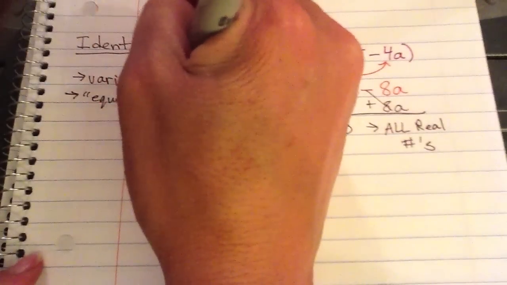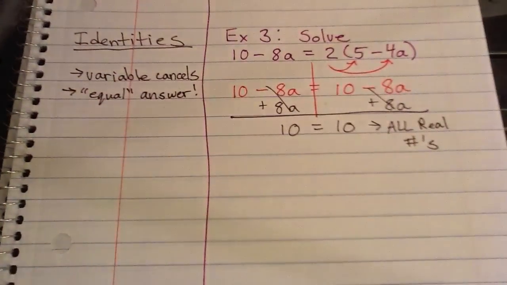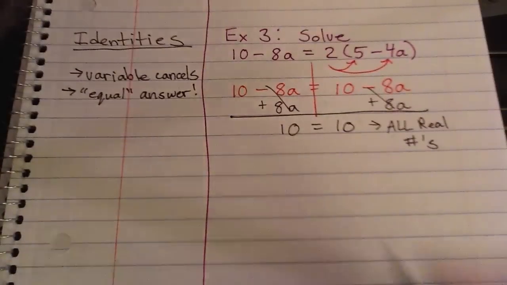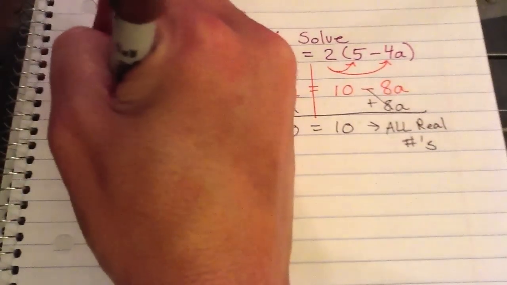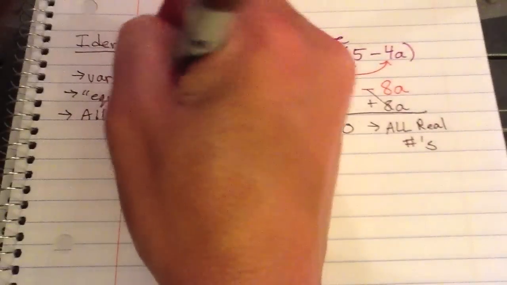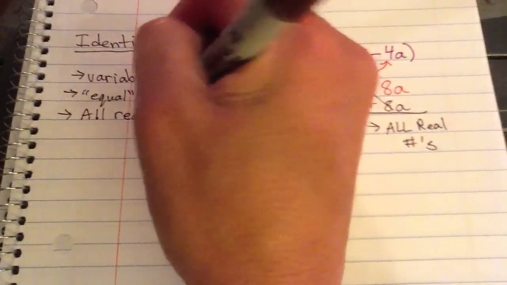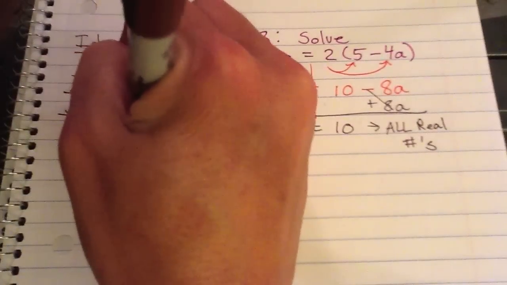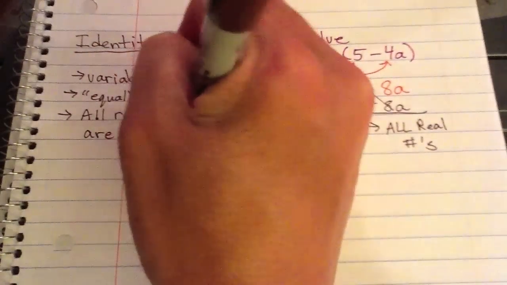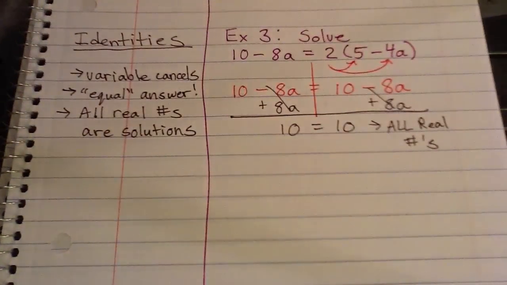That's the key to this one. Did you notice that you have an answer that equals out? So you just say all real numbers are solutions. Okay, so that's an identity.